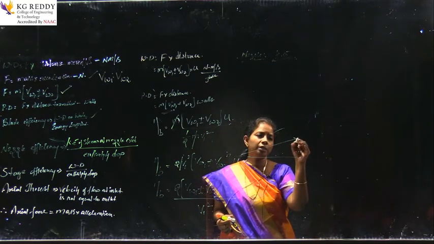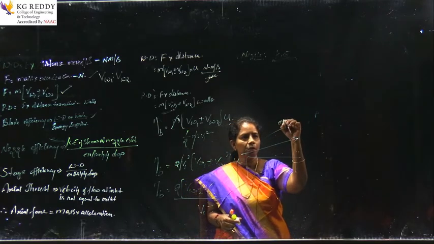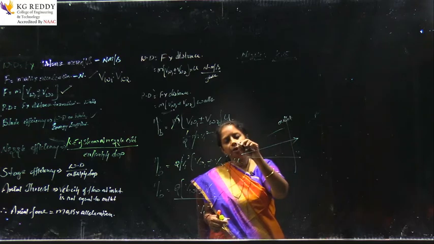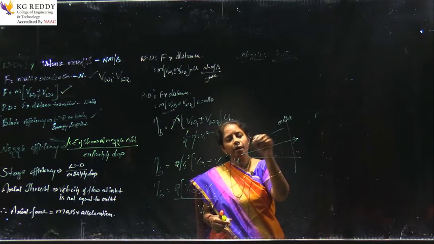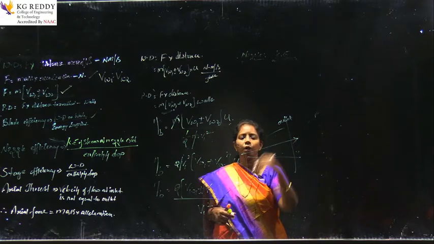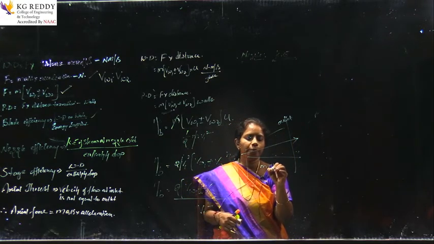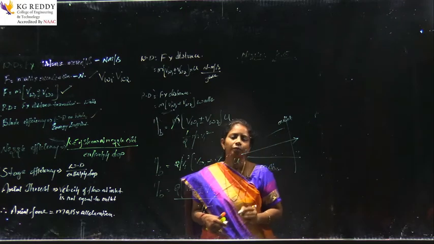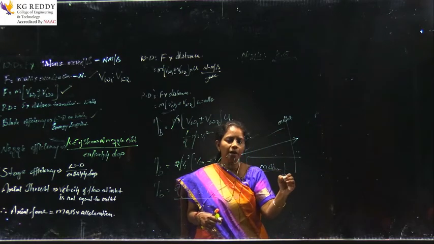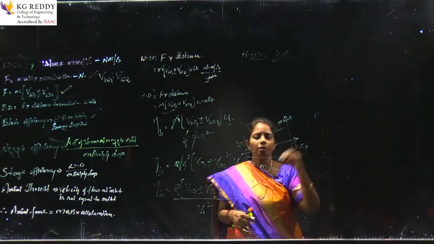When the jet of steam travels from the inlet to the outlet, there is an enthalpy drop. If the enthalpy drop is there, then automatically the velocity and kinetic energy will increase.